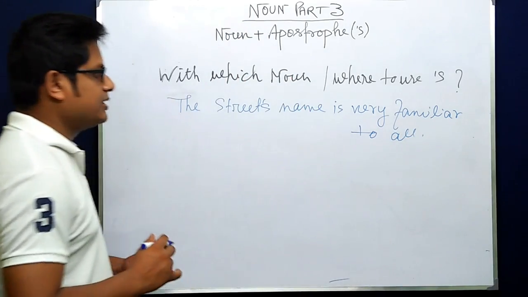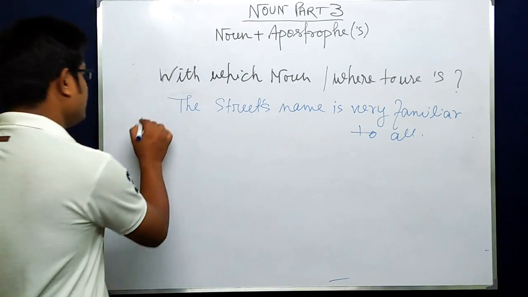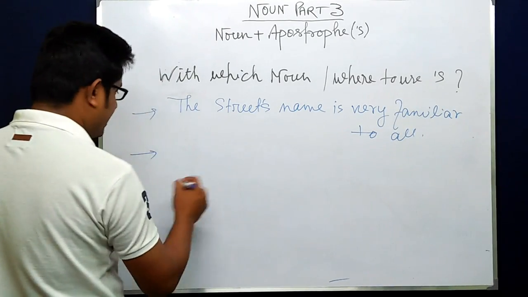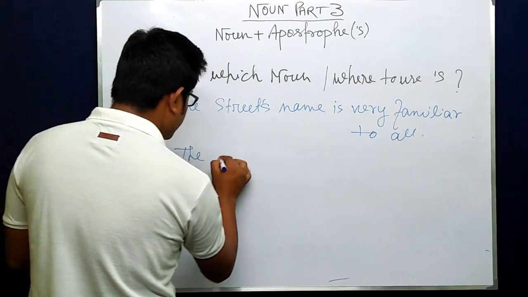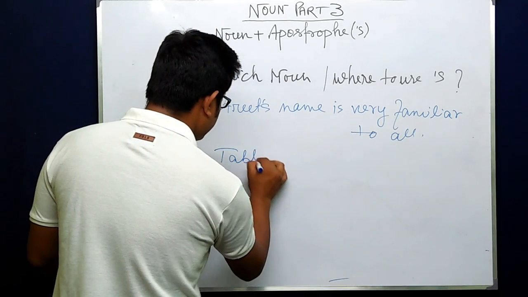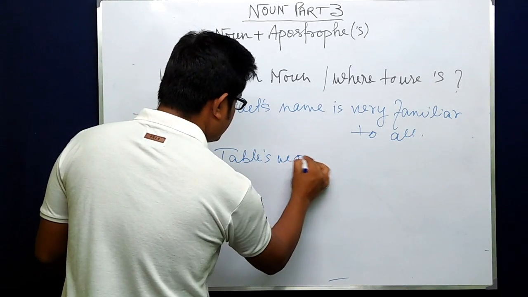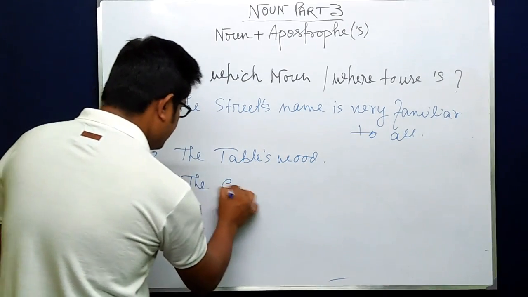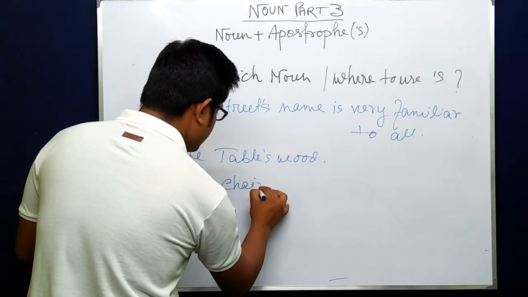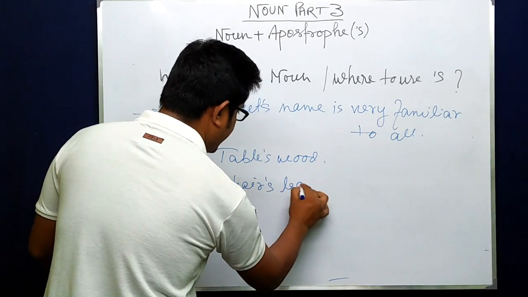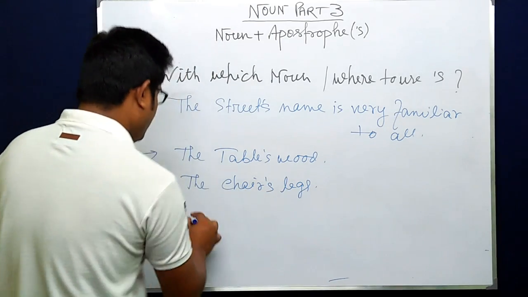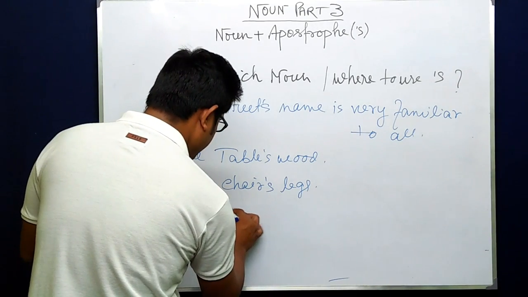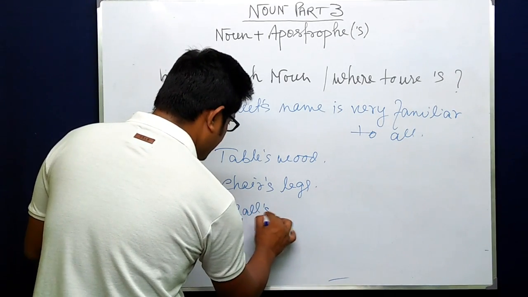And number two, suppose you can write, the table's wood, or you can write, the chair's legs, or suppose again, the wall's color.